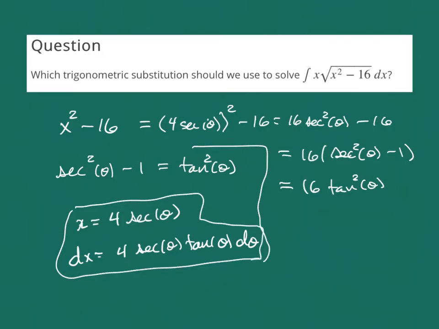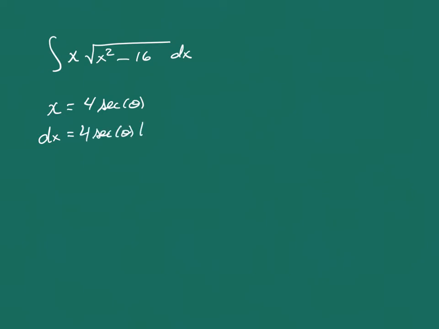So let's do that. For our integral of x times the square root of x squared minus 16 dx, we said x was going to be 4 secant of theta, dx was then 4 secant of theta tangent of theta d theta, and our stuff under the square root, x squared minus 16, just became 16 tangent squared.